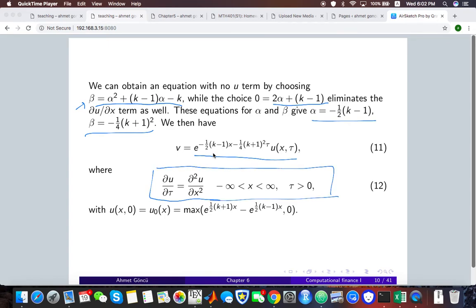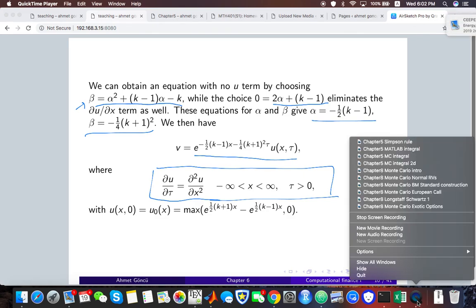So this completes our connection between the Black-Scholes PDE and the heat equation. You can work out each of these steps in more detail and convince yourself that the Black-Scholes PDE can be converted to the heat equation.